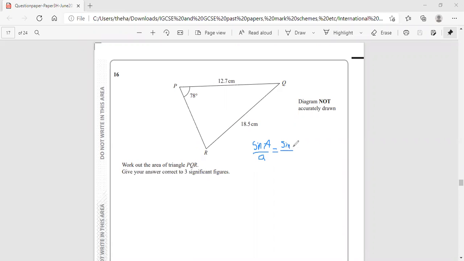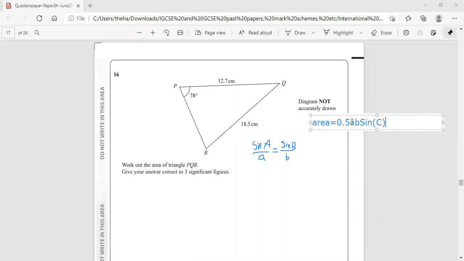I'm going to write both formulas down just so you can see why we need this angle. So the area formula equals area equals 1/2 or 0.5 AB sine C.